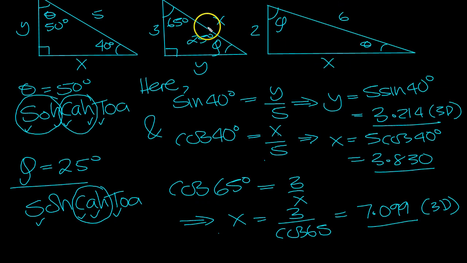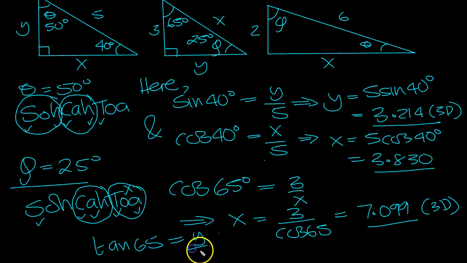Okay, so we've got x and we've got 3. So we should be able to work out y from Pythag, or we can use tan, can't we? Tan is opposite over adjacent. For this angle, we've got the adjacent, so we can use TOA. So tan of 65 is equal to the opposite, y, over the adjacent, 3.